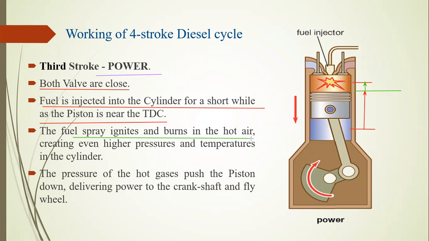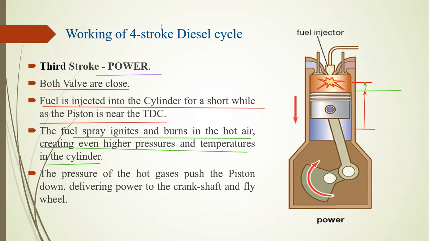When we inject the fuel inside the cylinder, self ignition takes place in the presence of air, creating higher pressure and temperature inside the cylinder. This portion is called self ignition. At this time, the higher pressure and temperature give a maximum thrust on the piston.